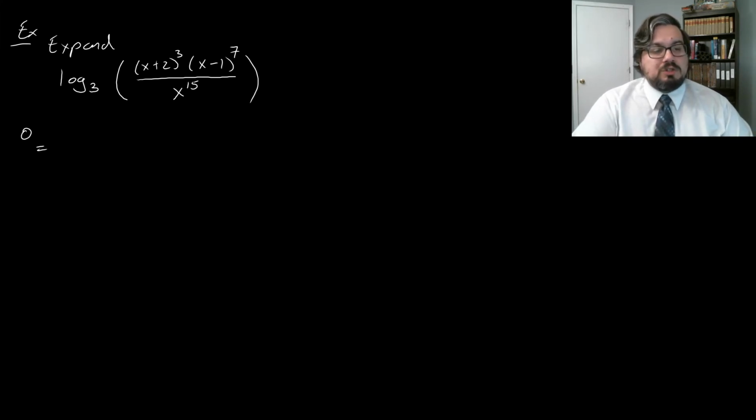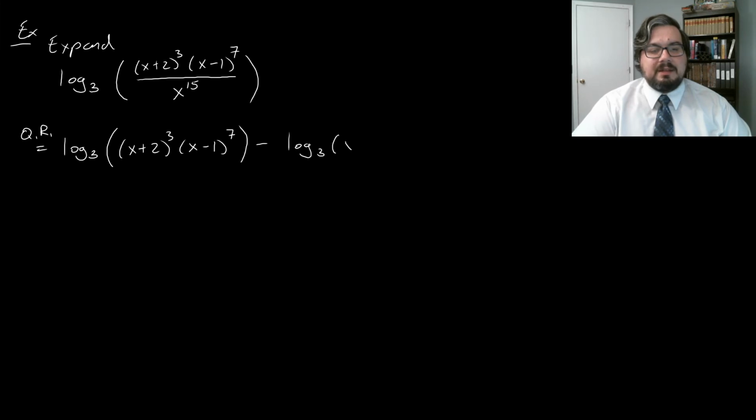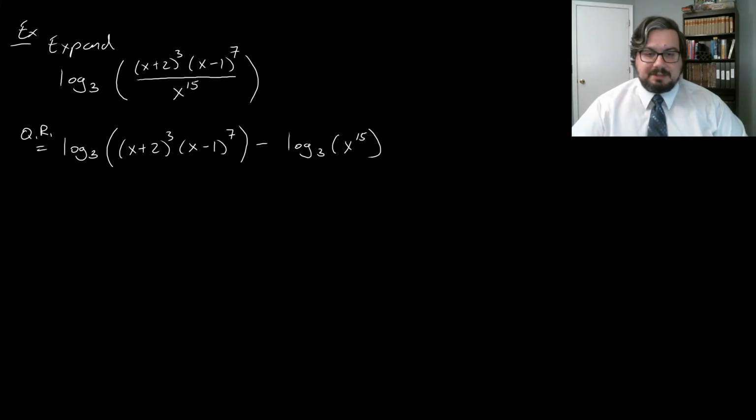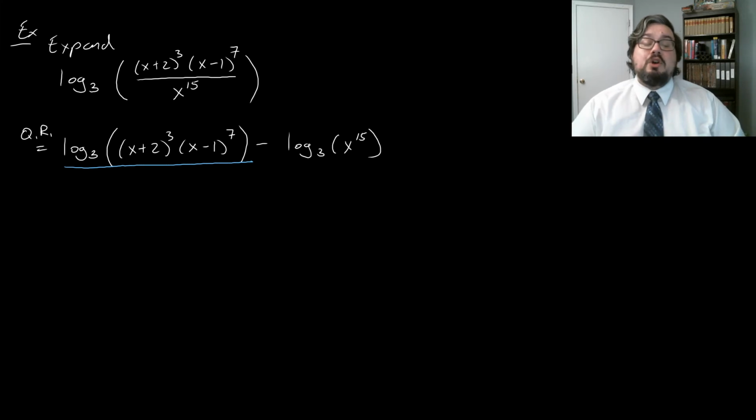So by the quotient rule, we can say that this is equal to log base 3 of (x plus 2) cubed times (x minus 1) to the 7th, minus log base 3 of x to the 15th. Now, when we look at this first logarithmic expression here, notice that we can't use the power rule.